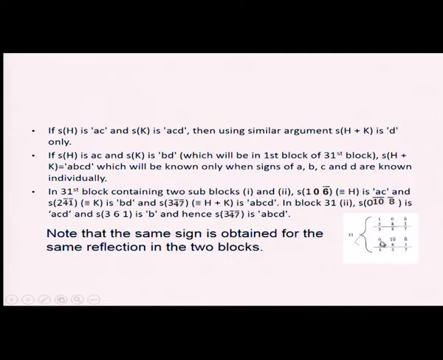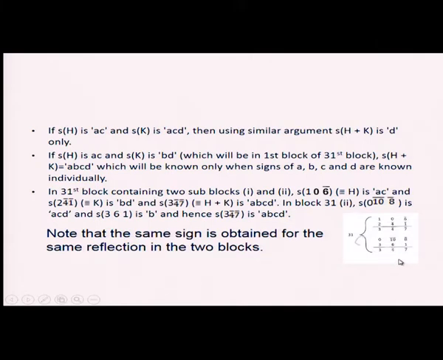Now, consider another set of parents, 0 10 bar 8. So, that will be ACD. 3 6 1, you will be getting answer B. Again you are getting multiplication, ACD multiplied by B, we get ABCD. So, using these different reflections as parents, I am getting the answer for this reflection as ABCD, again a different reflection, ABCD.